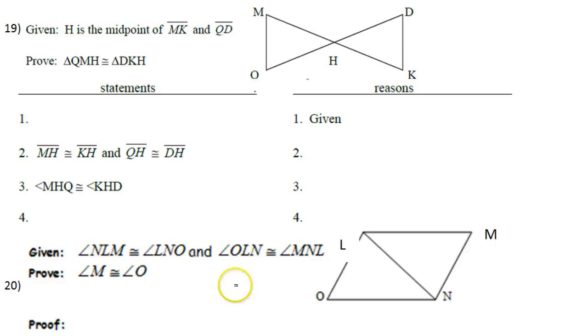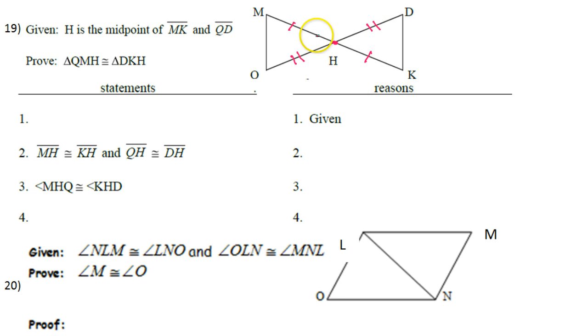Alright, but first, number 19. So, given that H is the midpoint of MK and QD, prove the triangles are congruent. So, they're giving us midpoint, alright, but that implies that MH is going to be congruent to HK, because of the definition of midpoint, and QH is going to be congruent to HD, also by the definition of midpoint.